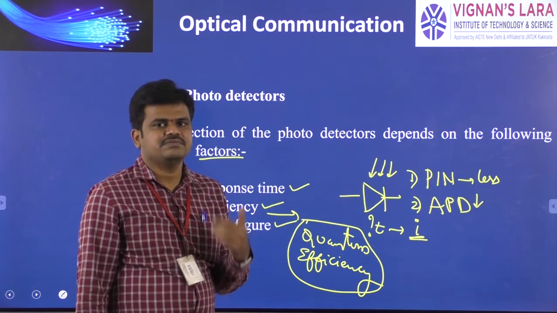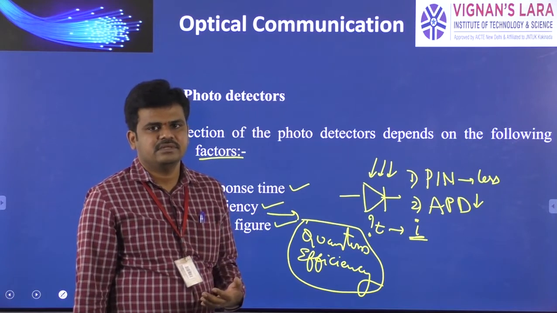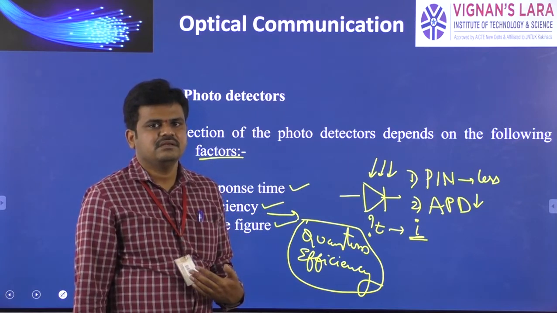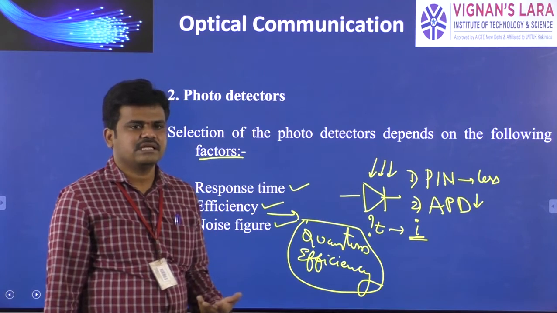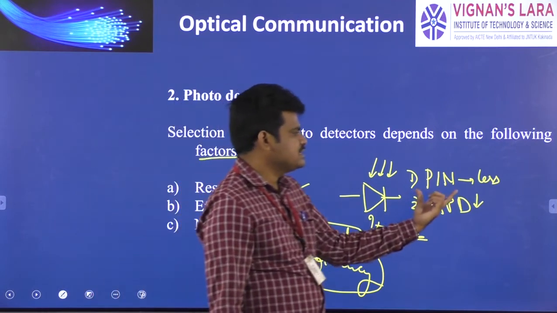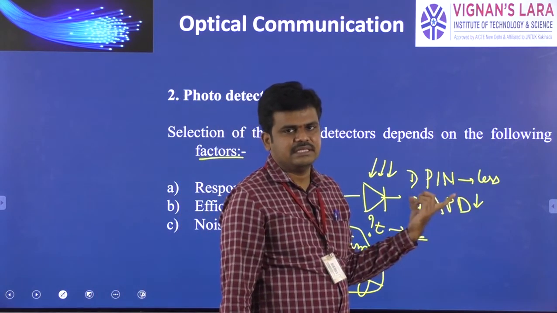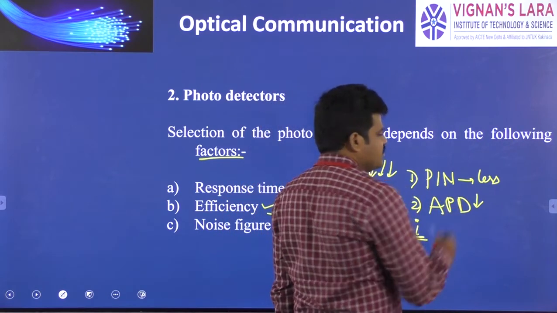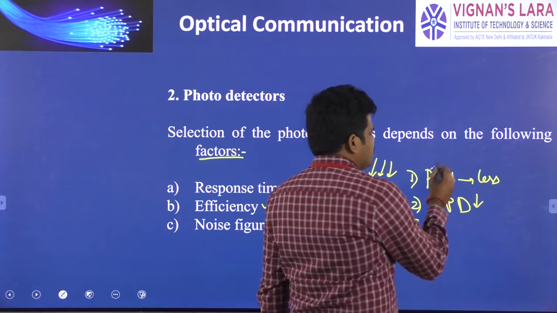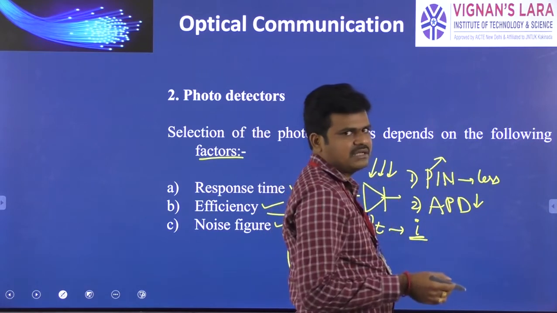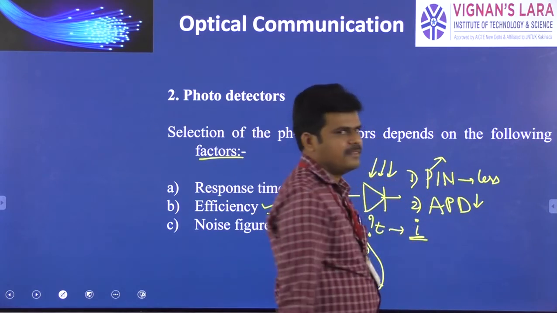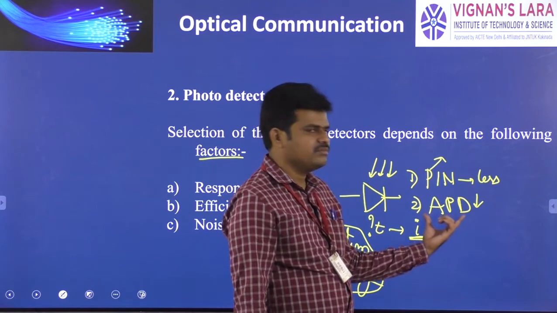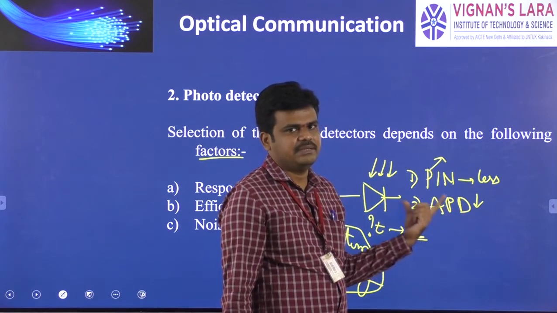But a few electrons will be moving in random directions. Those few electrons will lead to noise. When we compare the pin diode with the avalanche photodiode, this random motion of electrons is very little in the pin diode, whereas the random motion of electrons is more in the APD.